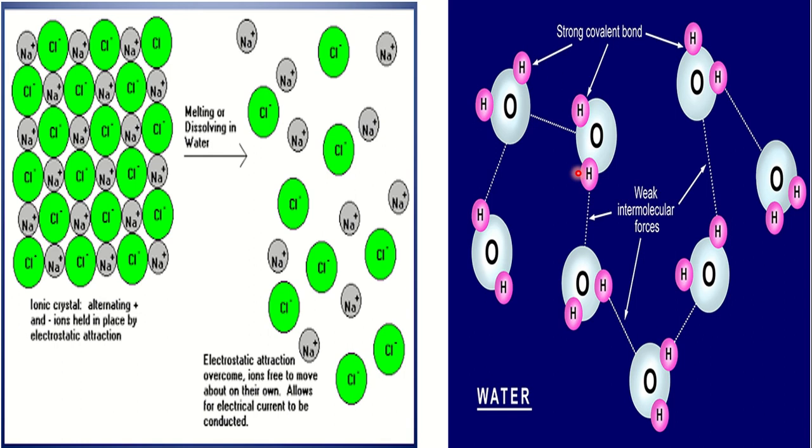This is in liquid state, but when the force is totally broken, it will become gaseous. So at very low temperature the force can be broken, but to break the ionic bond between sodium ion and chloride ion, high temperature or a very high amount of energy is needed.